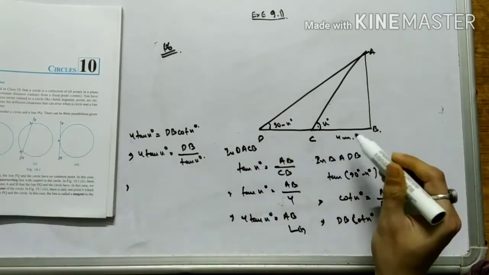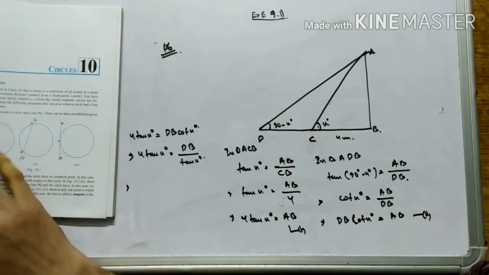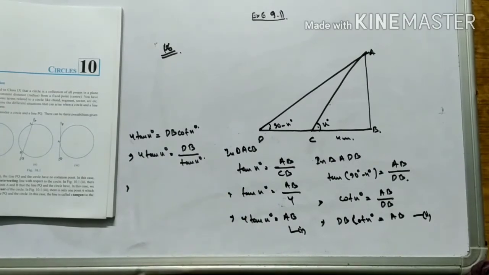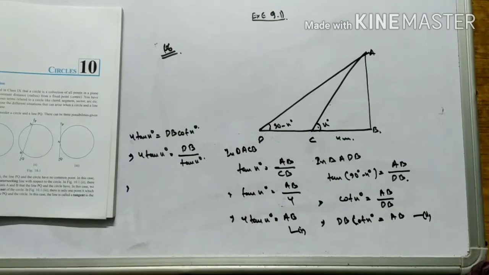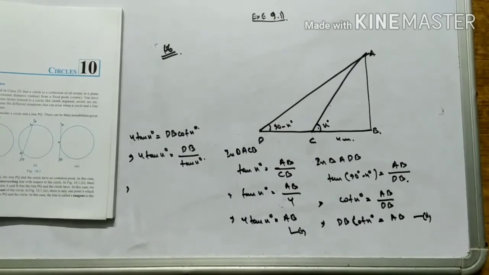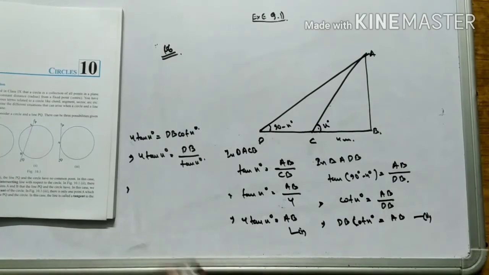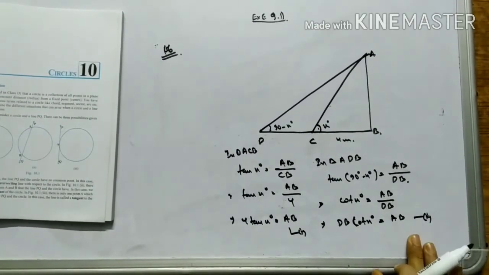One thing is given: from a distance of 4 meter and 9 meter from the base of the tower, the DB value is given as 9 meter. So instead of doing this, this is equation 1, this is equation 2.